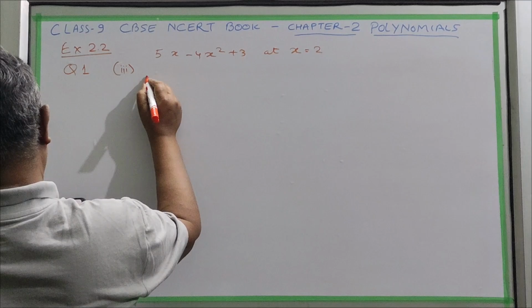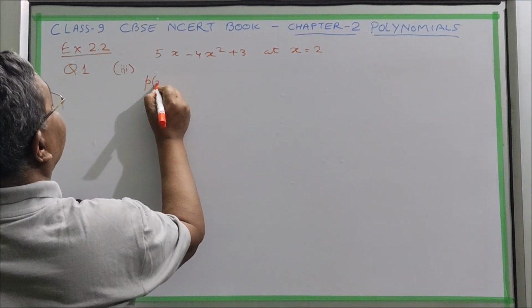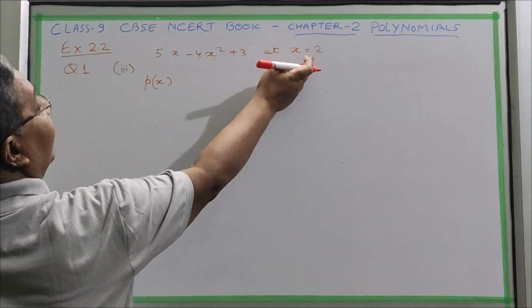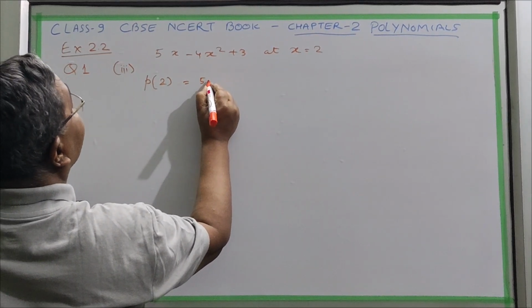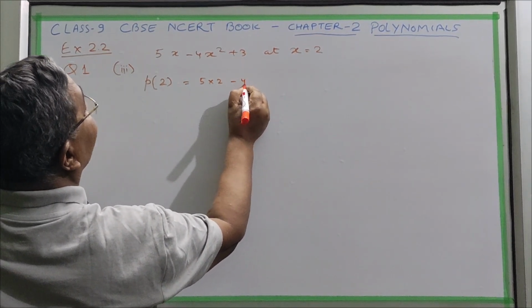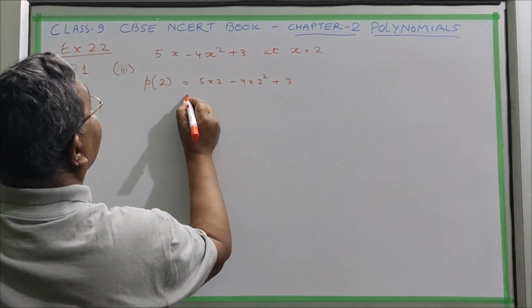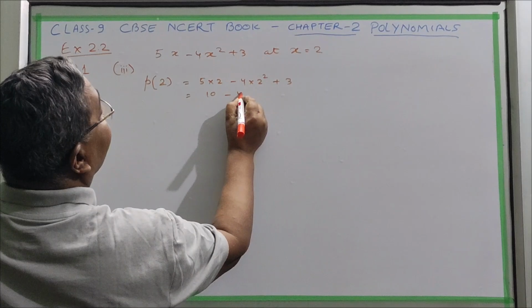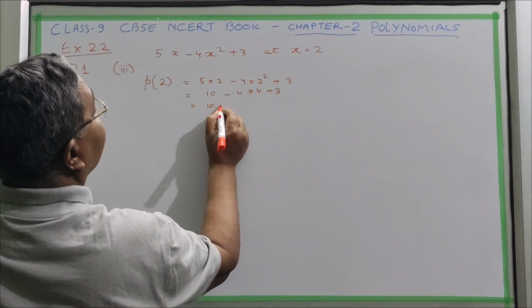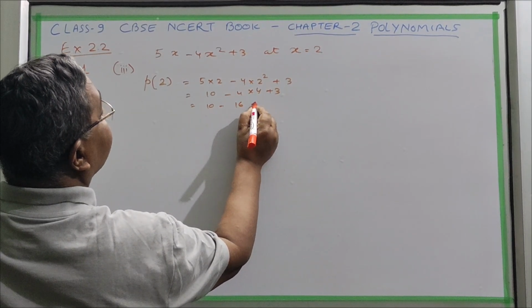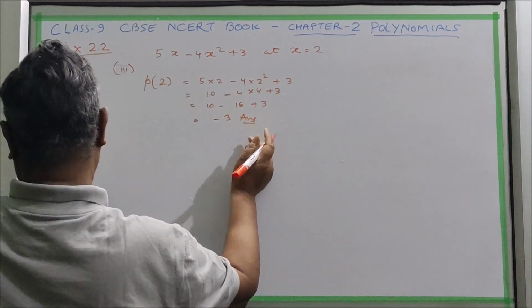So you can write p(2). p(2) = 5 into 2 - 4 into 2^2 + 3 = 10 - 4 into 4 + 3 = 10 - 16 + 3 = -3. So this is your answer.